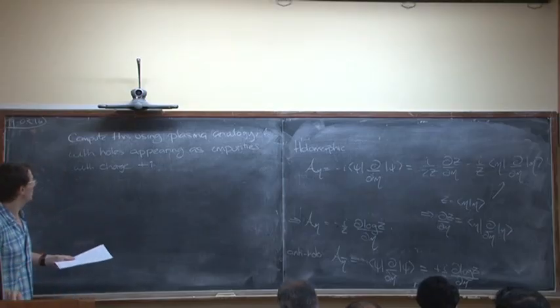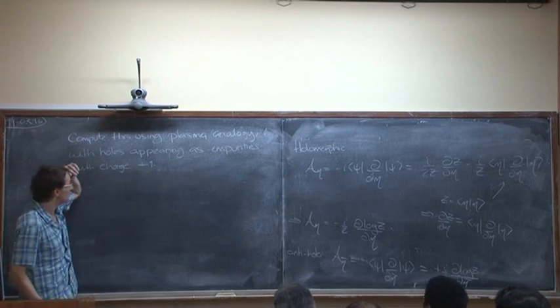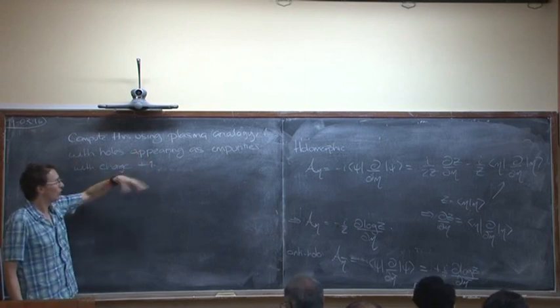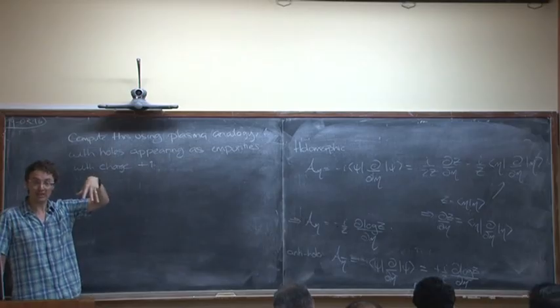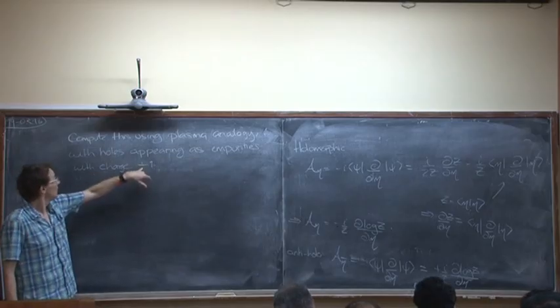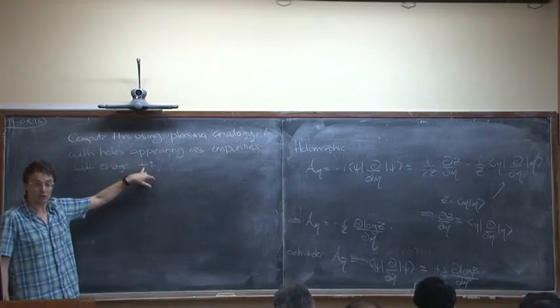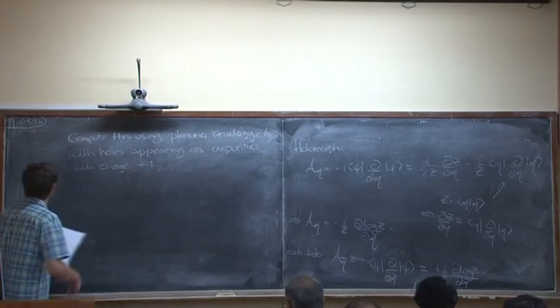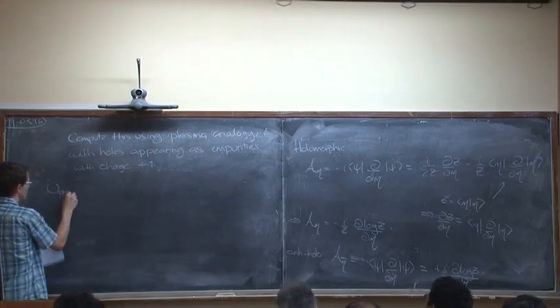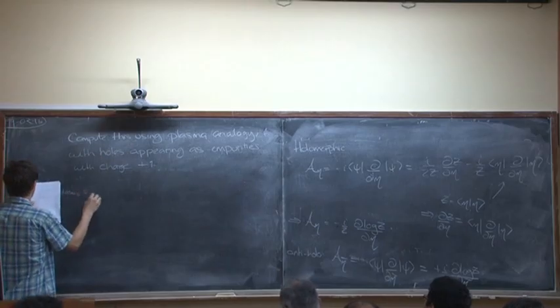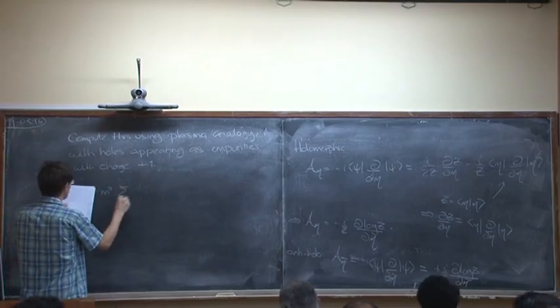So let's see why this is relevant. Firstly, let me just write down the energy for a bunch of mobile electrons with charge minus interacting with some impurities of charge plus. So what would the energy of such a plasma be? There's a bunch of terms.